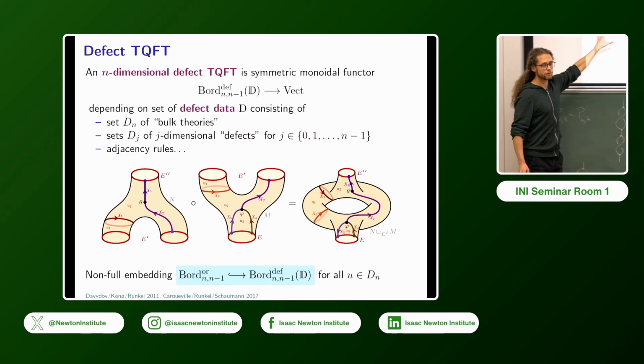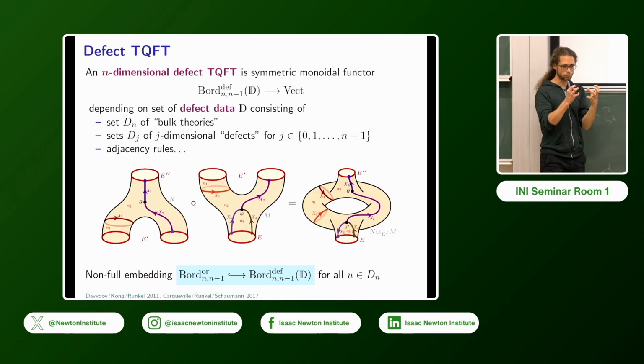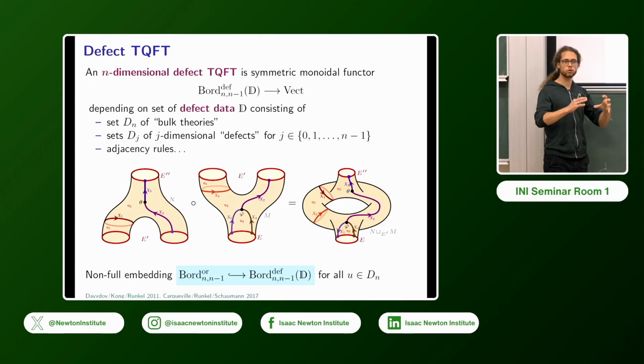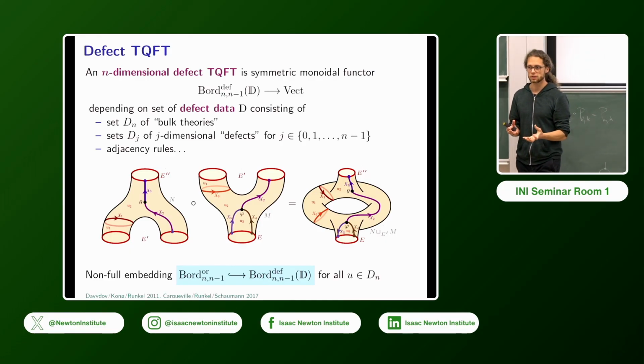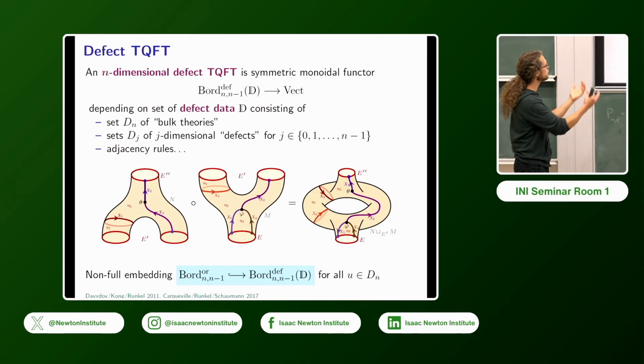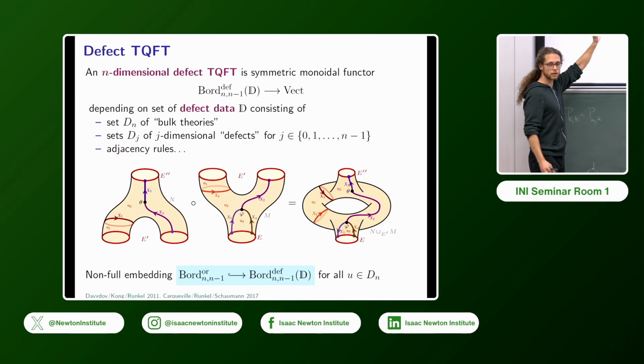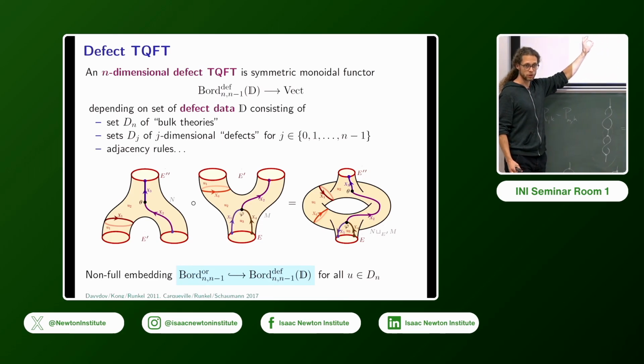And then you have this actual graphical representation of, in this case, this defect pair of pants. How do you compute the correlator, or more generally, this linear map from this state space to that state space? Well, if you have a defect TQFT, it will tell you how to do it. But if it's a fully extended defect TQFT, then you look at this picture and you don't need to think about the functor itself. You just apply the cobordism hypothesis.